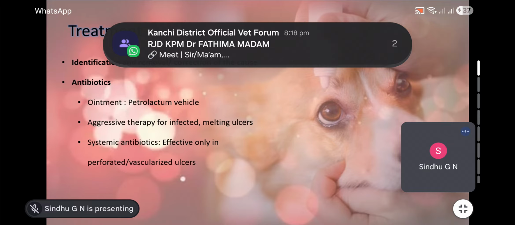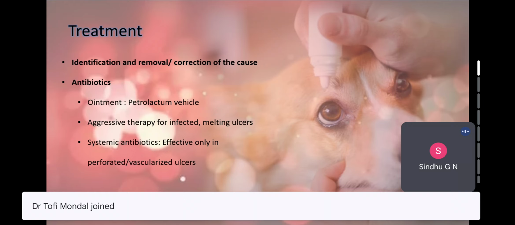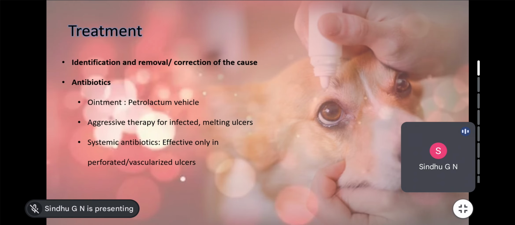Then systemic antibiotics. They are effective only in perforated or vascularized ulcers. A superficial ulcer doesn't have any vascular supply, so antibiotics given systemically are not going to reach that site and will not help. If it is a perforated or deep ulceration, there will be vascularization, and systemic antibiotics will reach the site.